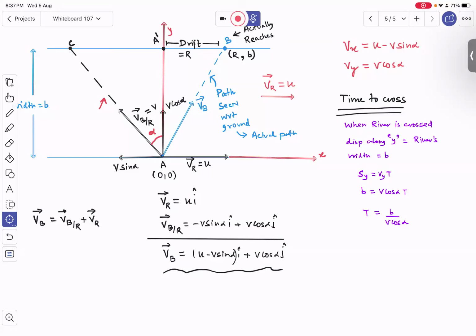So what was the range? The total displacement along horizontal. And the first thing we were supposed to figure out was the time of flight. Same way, the first thing here is to find the time to cross the river.